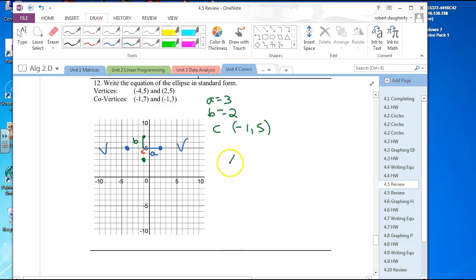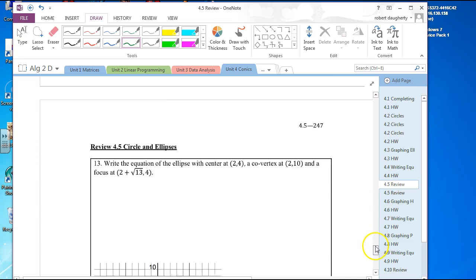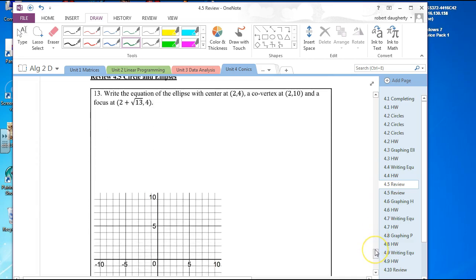That's all I need for this. (x plus 1) squared over A squared plus (y minus 5) squared over B squared equals 1. Now, this one gives people more trouble, but it's just being very solid with your definitions.